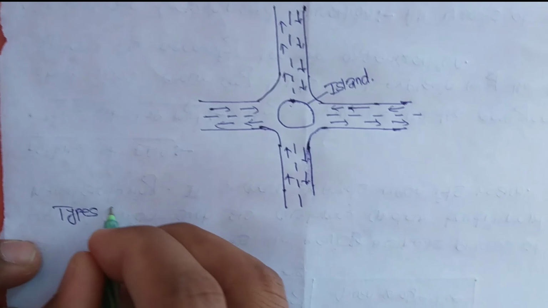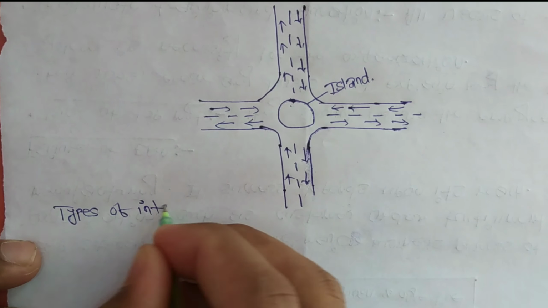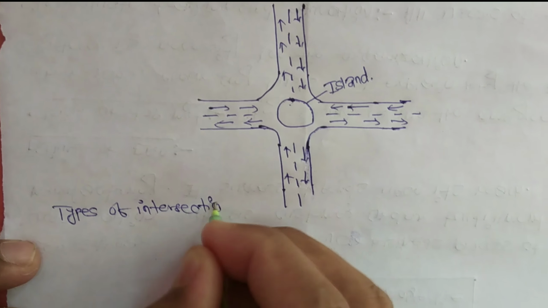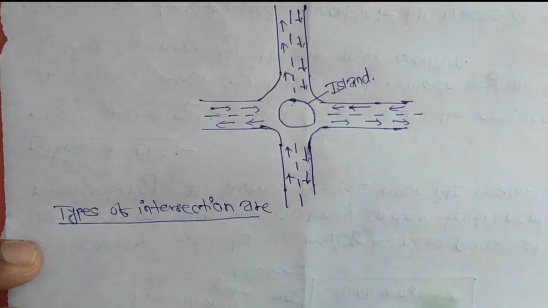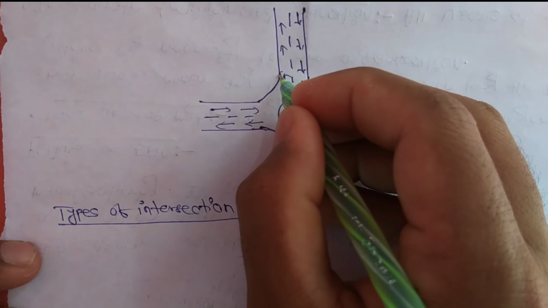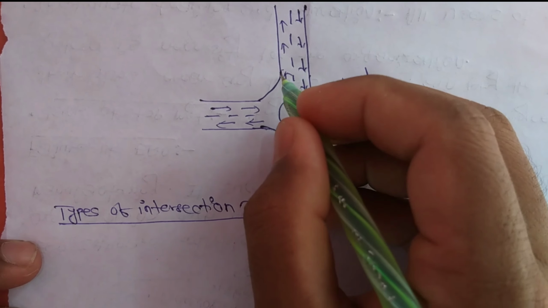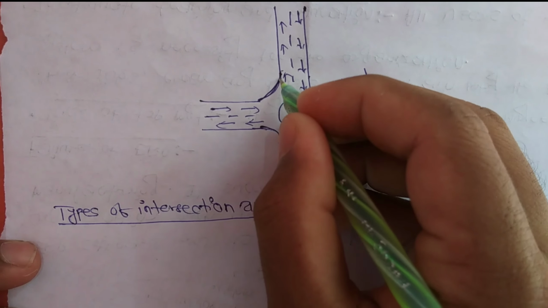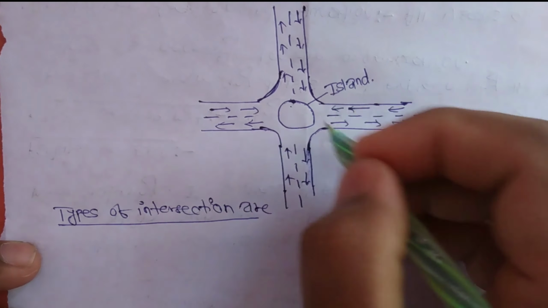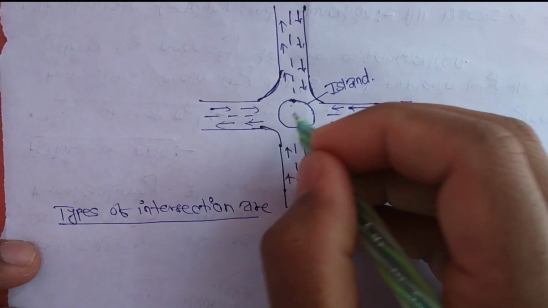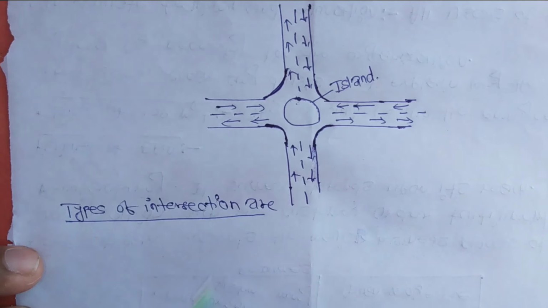So the types of intersection are: the design of this should not be rectangle, this should be circular, so that the driver can see the upcoming vehicles on the intersection.